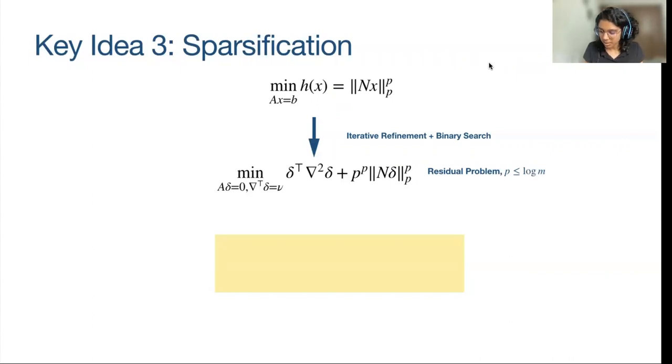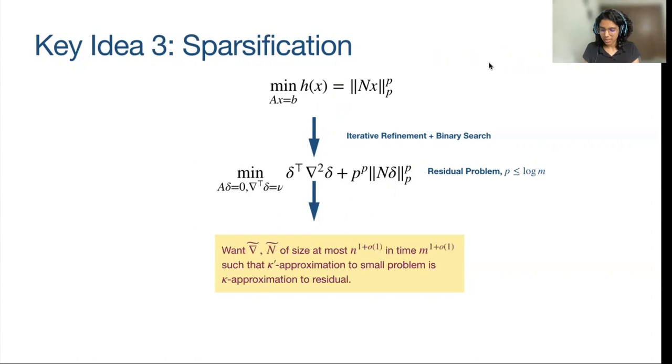So the next goal is to reduce these matrices and still preserve approximation. So we want two matrices that we can compute fast in almost linear time, and that has size at most some order n, where n is the number of vertices.